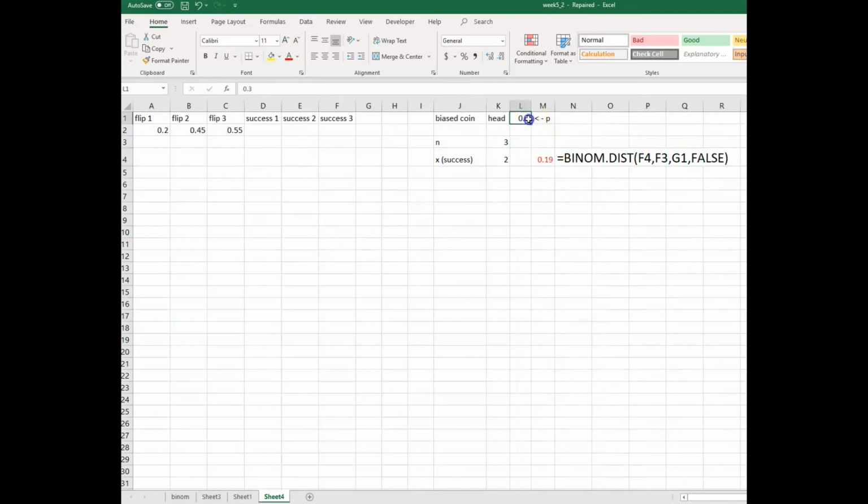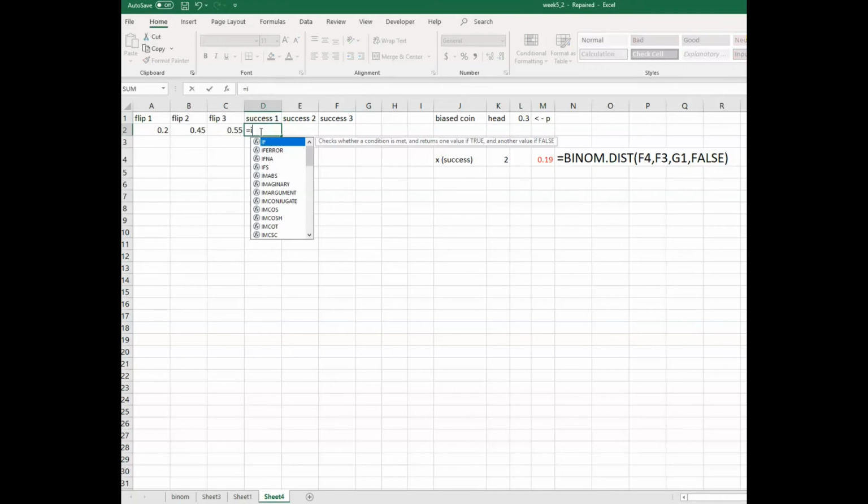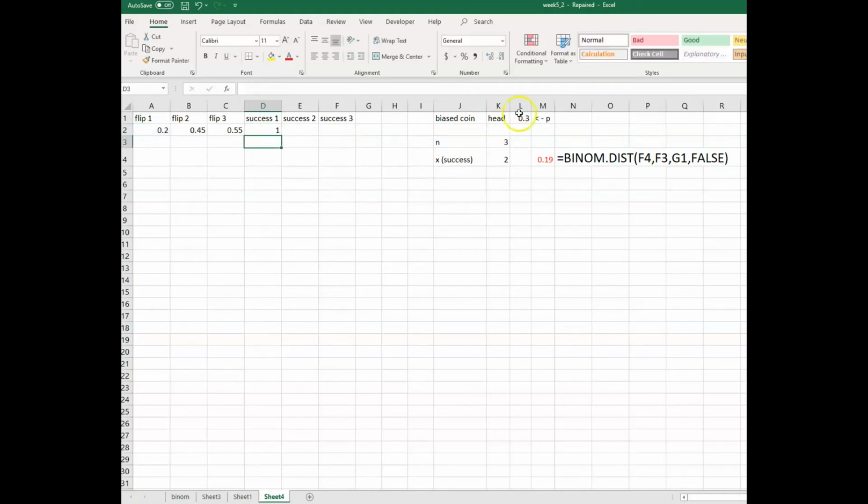Because we know it's 30%, we can say if this number is less than or equal to our probability, we call it success. Otherwise, we call it a failure. Because 0.2 is less than 0.3, this is a success.